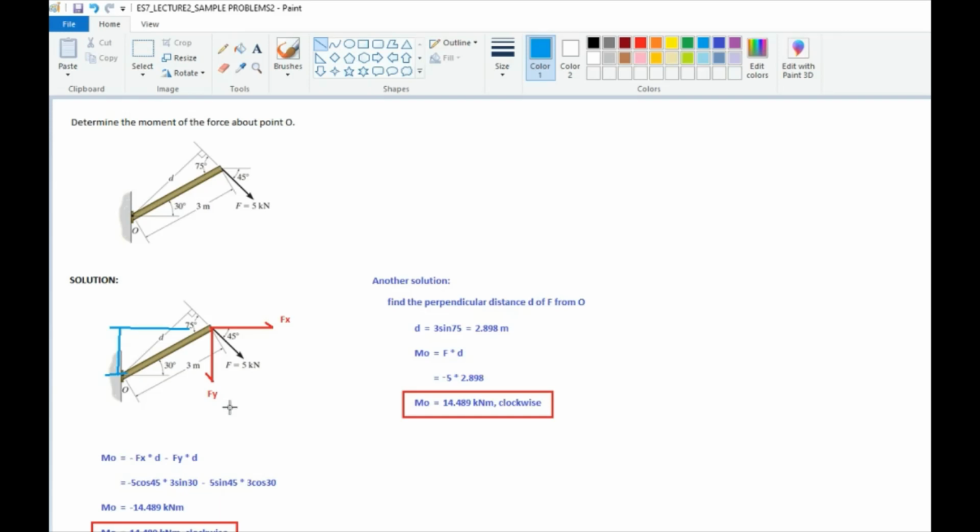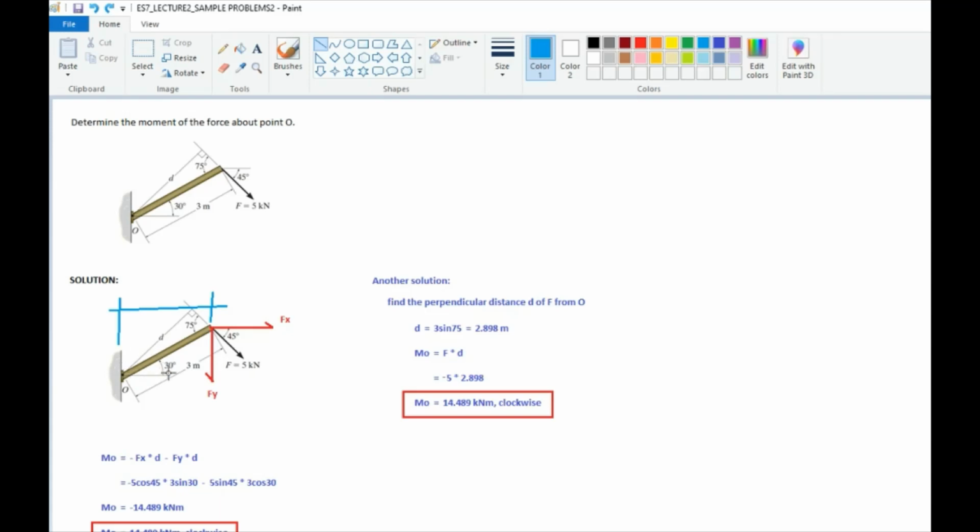And next, for the y component, we have 5 sine 45 times the distance, this distance here, which is equal to 3 cosine 30.